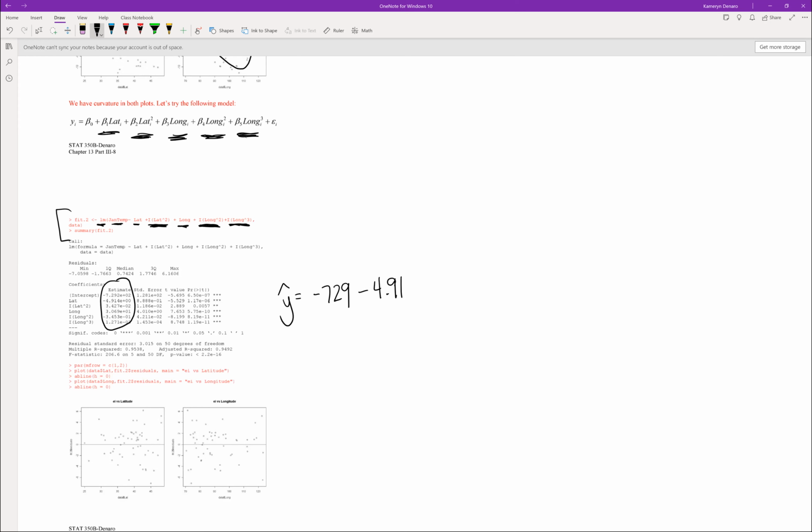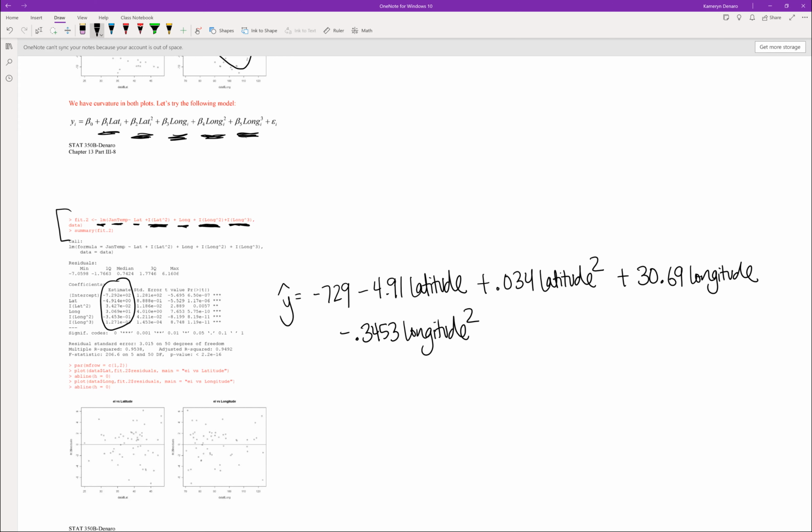Minus 4.91 times latitude plus 0.034 times latitude squared plus 30.69 longitude minus 0.3453 longitude squared, right?